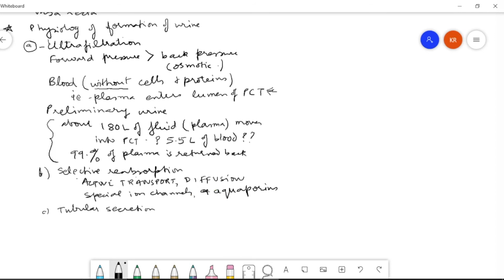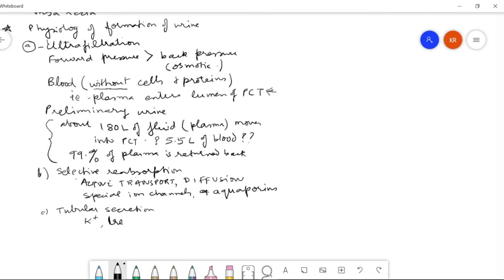Some substances, to some extent, let's say potassium ions, to some extent substances like creatinine, sometimes drugs, which have escaped entering into the lumen, these are all directly secreted into the DCT.